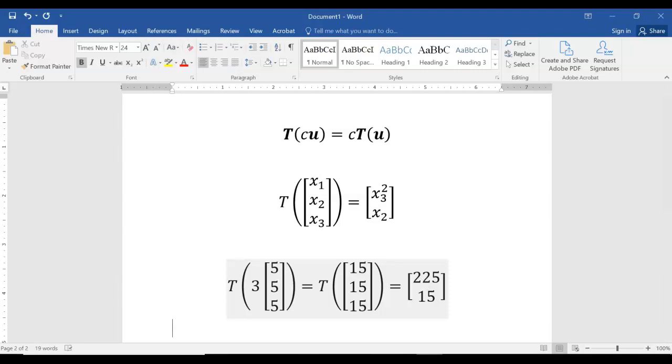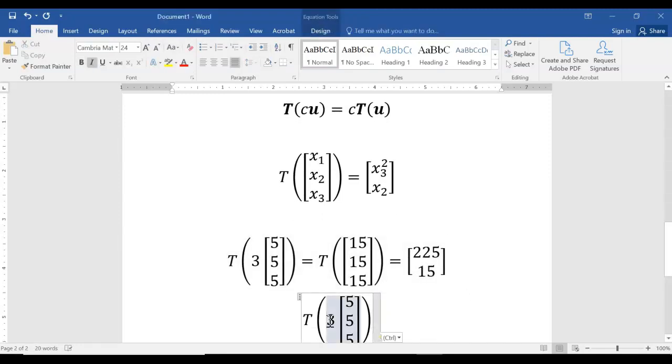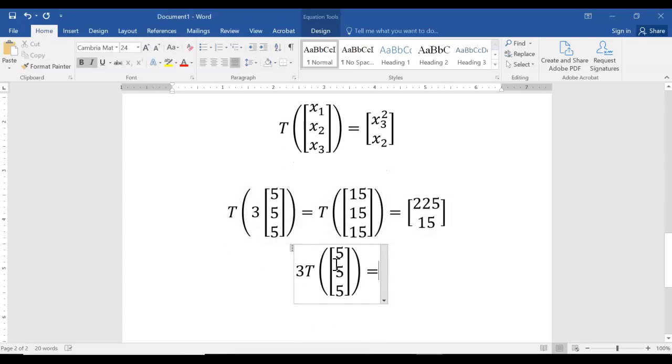Now what's going to happen if we multiply the scalar times the vector after the transformation? So if we multiply the scalar times the vector I get after I do the transformation, 3 times this. Well, the transformation, first, let's do this. We have to square the third value.